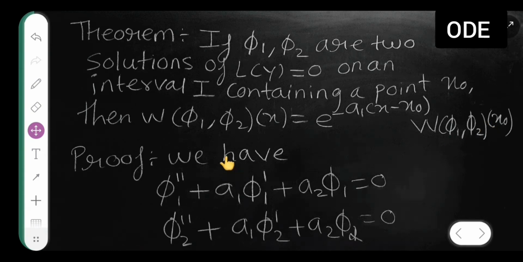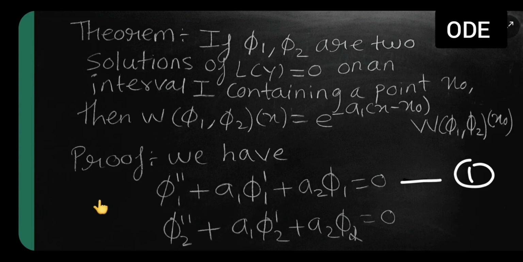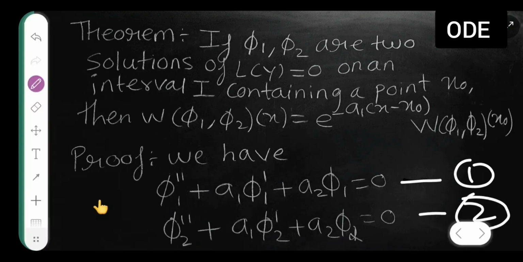Okay, now the proof starts like this. We have two equations. Consider this as 1 and take this as 2. Now phi1 double dash plus a1 phi1 dash plus a2 phi1 is equal to 0.